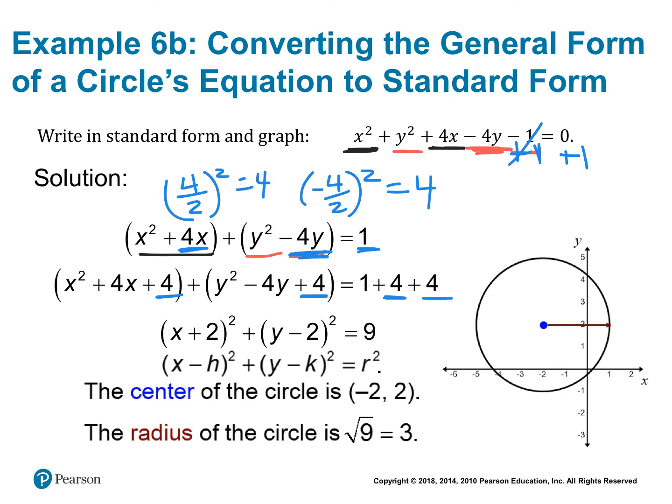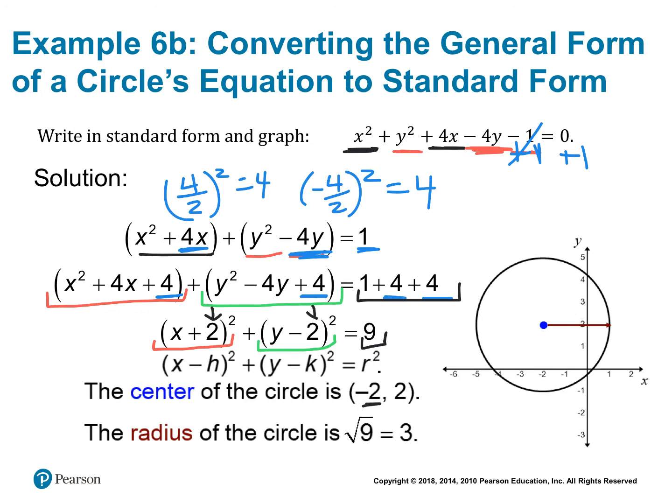And to factor that, this piece gives you x plus 2 squared. This trinomial gives you y minus 2 squared, and this last portion adds up to a 9. So using our x minus h squared plus y minus k squared equals r squared, the center, this would have had to be minus a negative 2.